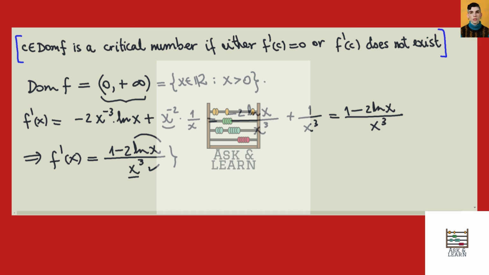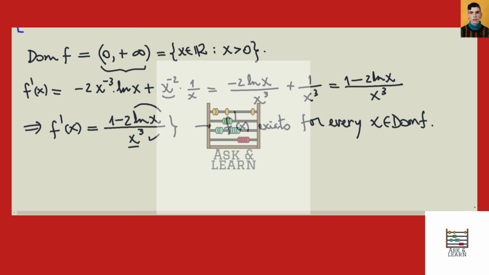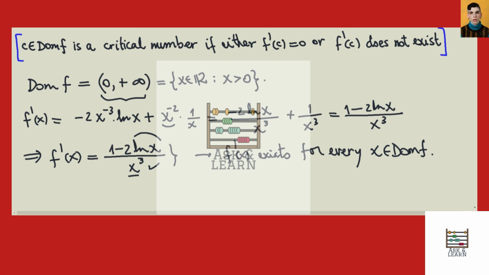So this derivative exists for every point or value x in the domain of f, that is, for every positive value x. And that means that we won't find critical points with the condition that the derivative does not exist.